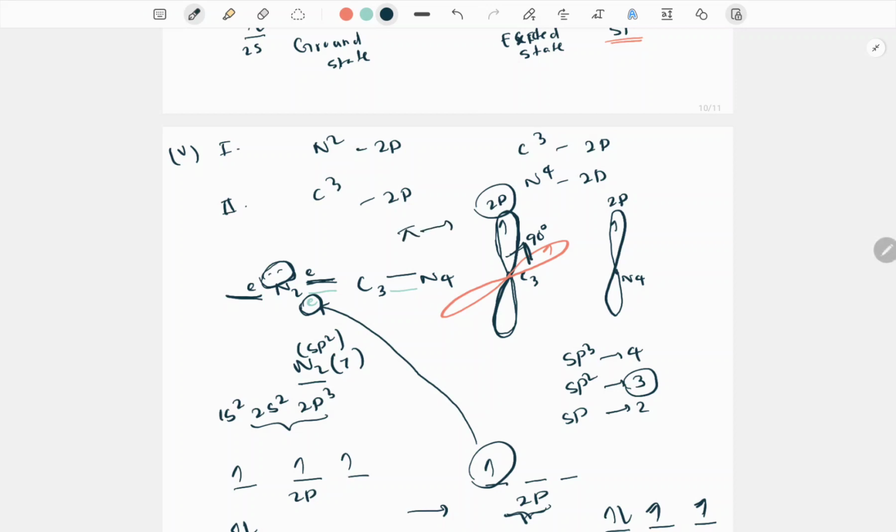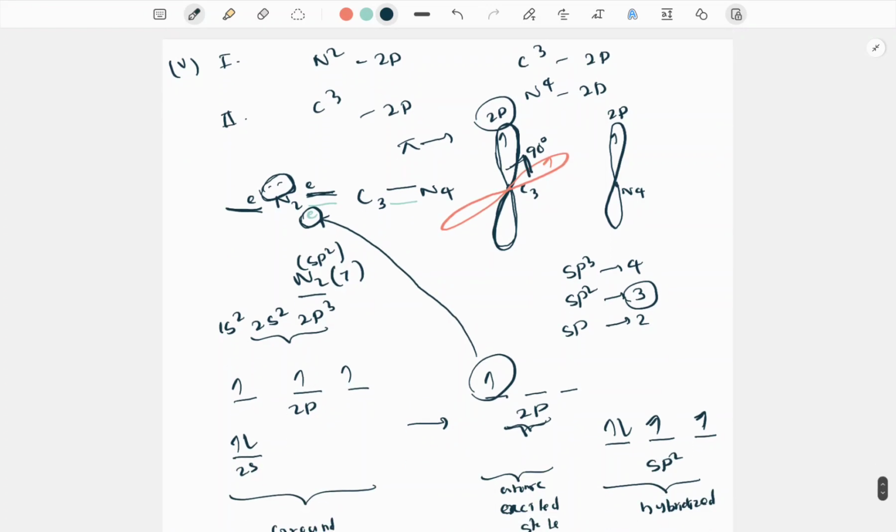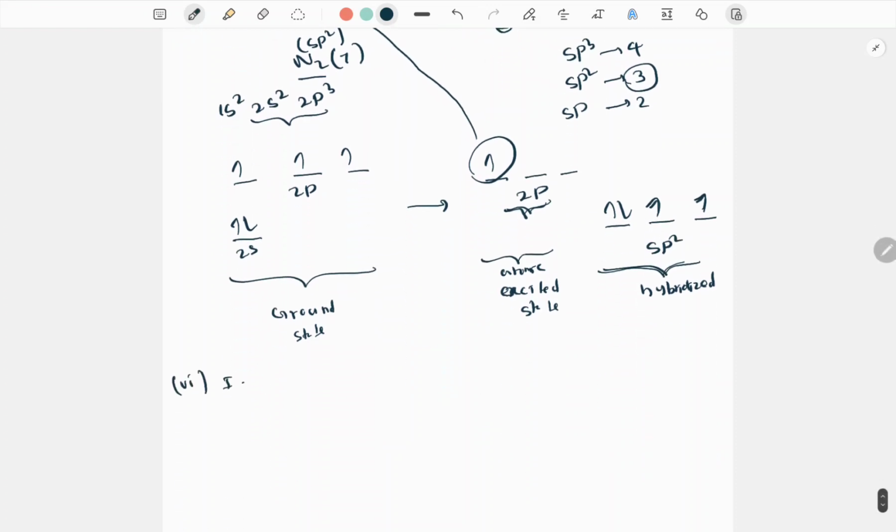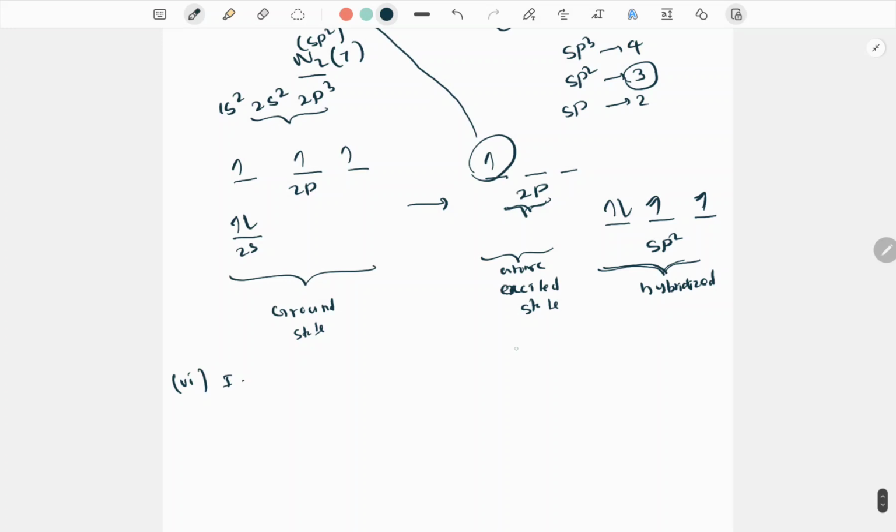This is with regard to pi bonds. What about with regard to sigma bonds? These are arranged like this. What is the orbital involved in a sigma bond? It's an sp hybridized orbital. The shape of this one is s and p. S is like this, p is like this. Then the combination of these two will be like this.